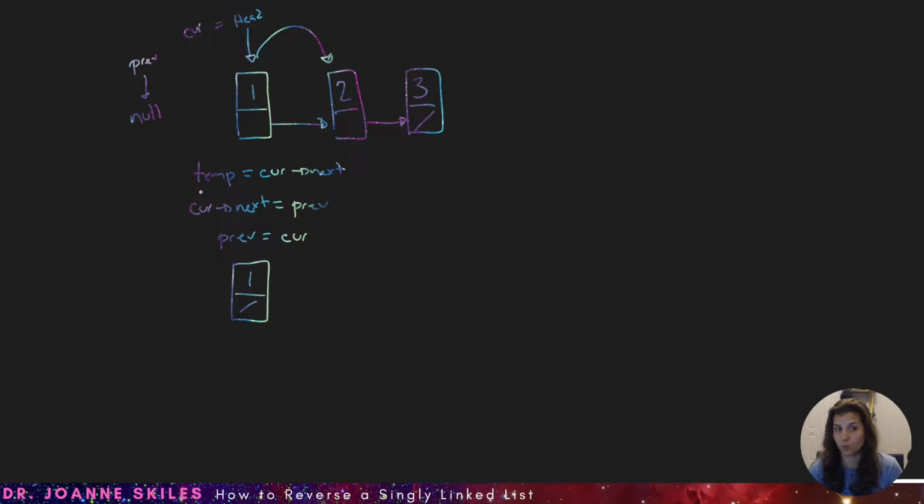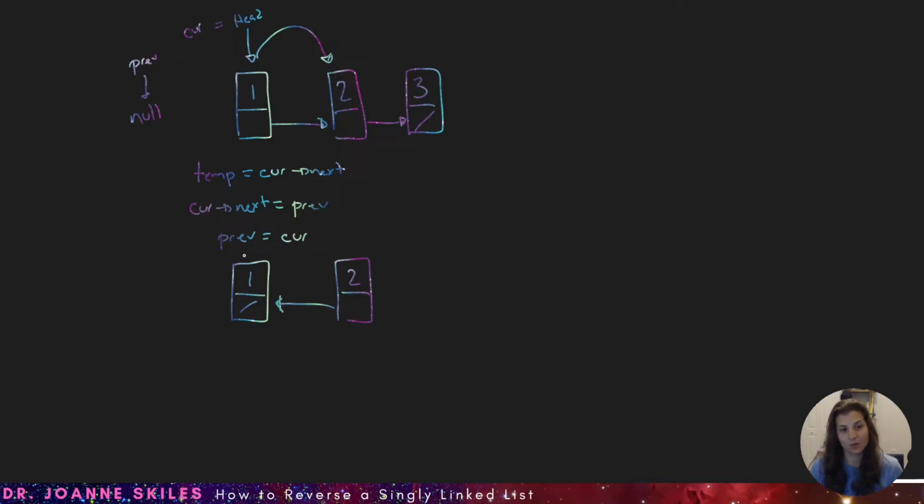So now let's walk through this. At 2, our temp is equal to our current's next. So temp is going to become 3. Our current's next gets set to our previous, which means it's now going to point to 1. So we write it out here. 2's next is going to point to 1.